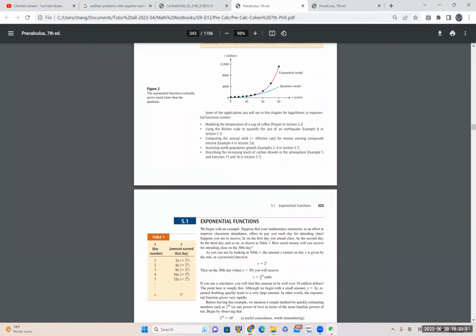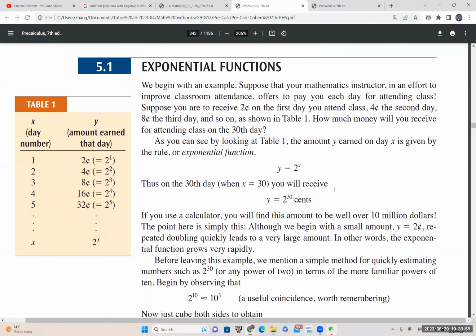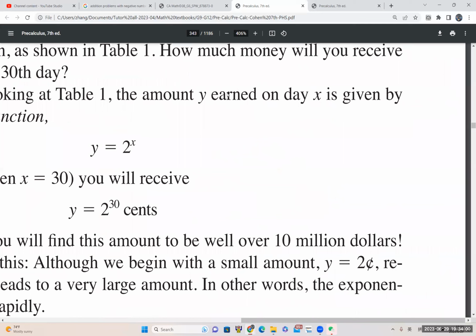Okay, let's quickly go through here. Exponential function. So let me ask you, when f of x equals -5, -4x, is this an exponential function?